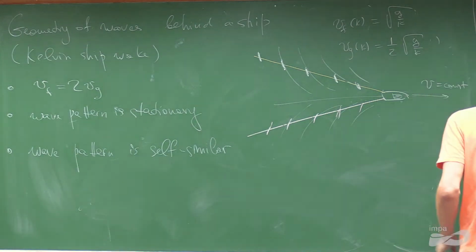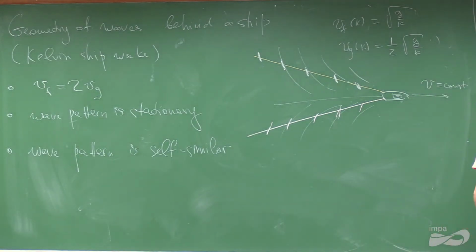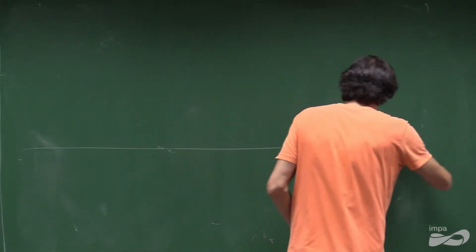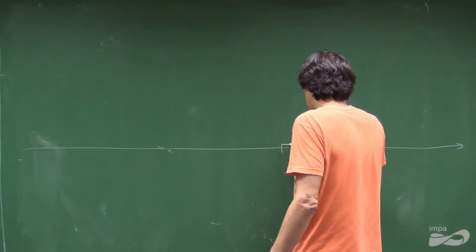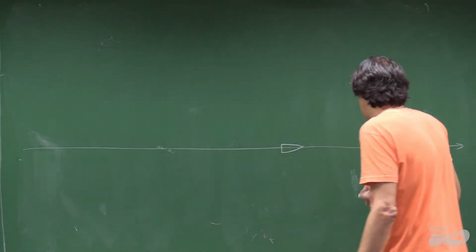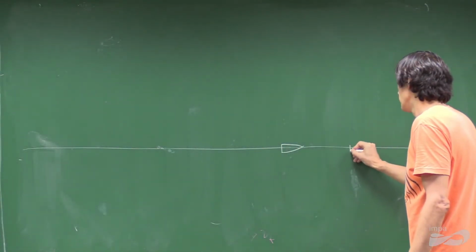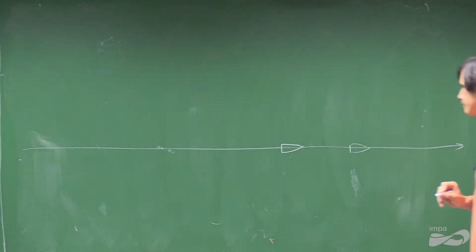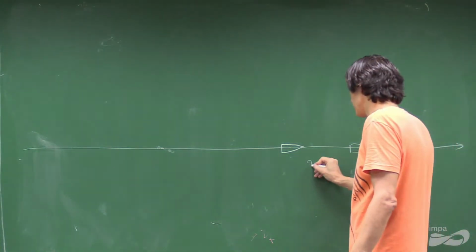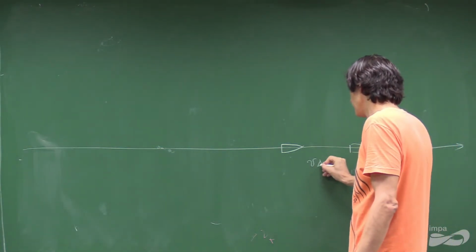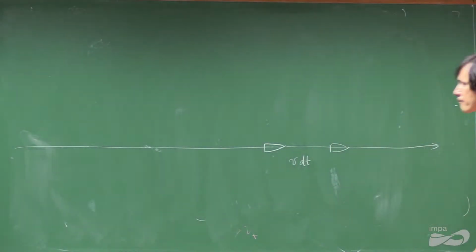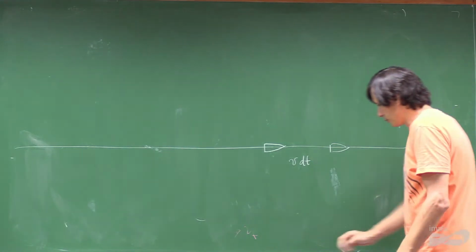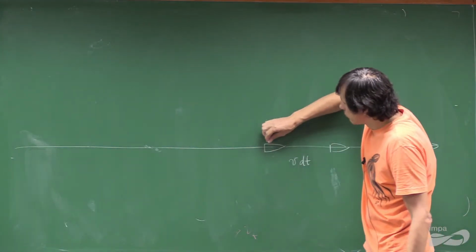So this is a challenging thing. This is the line of motion of the ship. Let's assume the ship was at a certain moment in that position, and then it moved to that position. So it moved a distance V dt. And now we will consider a certain angle.